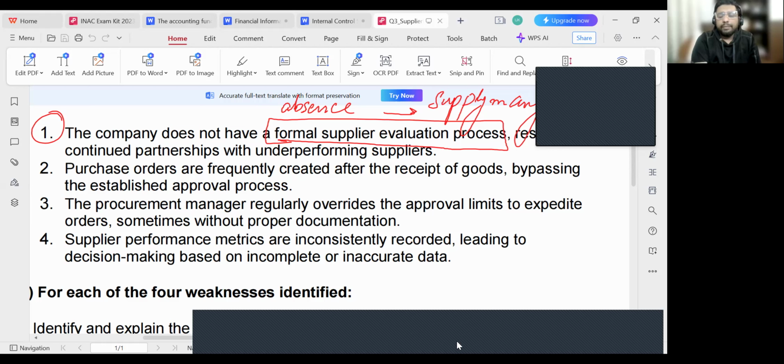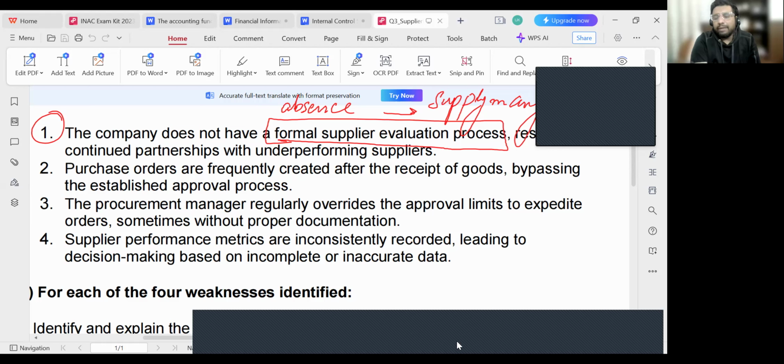So the frequent issuance of purchase orders after the receipt of goods is due to not having a good procurement process, right? So what you're doing is you're just ordering from your suppliers verbally, without the official documentation.